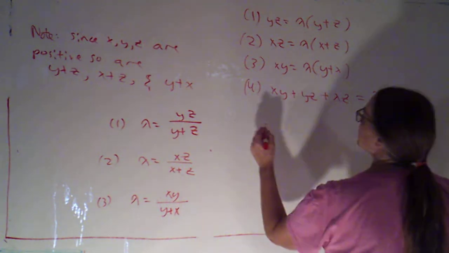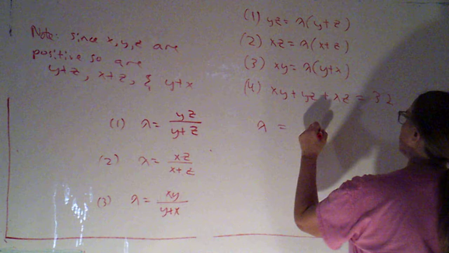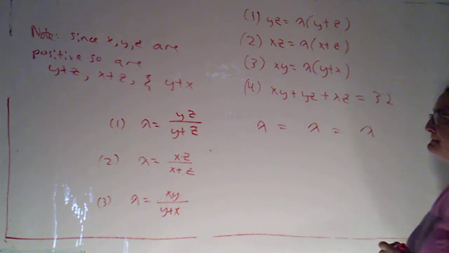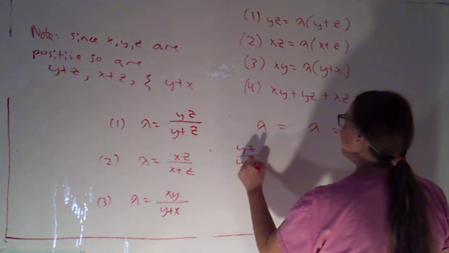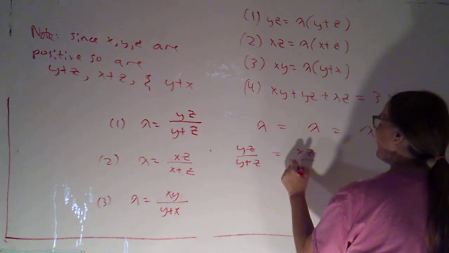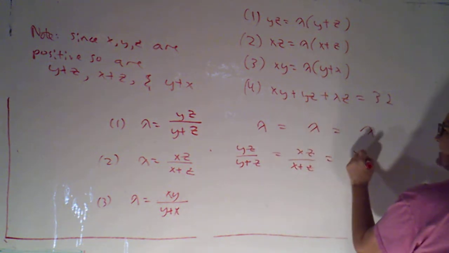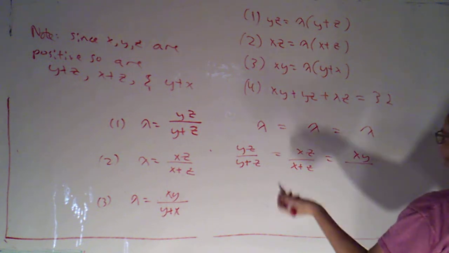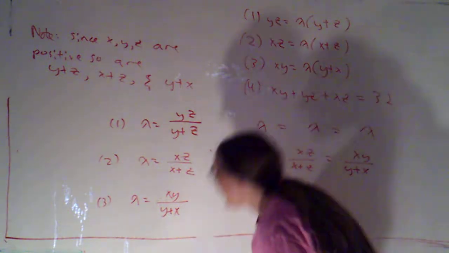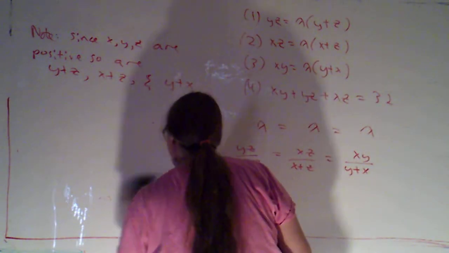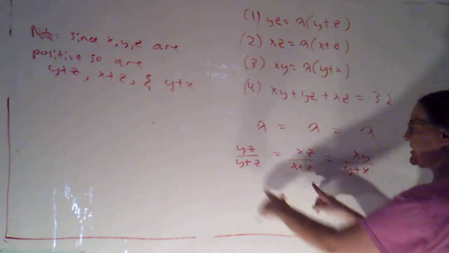Great. So lambda equals lambda equals lambda. So yz over y plus z is equal to xz over x plus z is equal to xy over y plus x or x plus y, either way. Fabulous. Probably don't want to work with all three characterizations at once, but let's just pair them off.